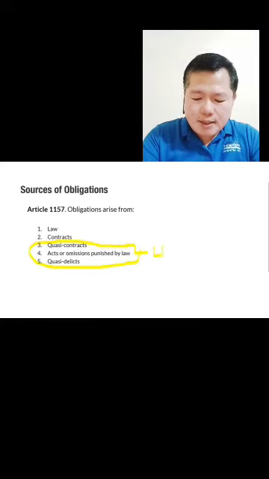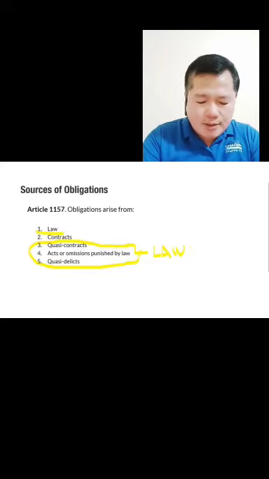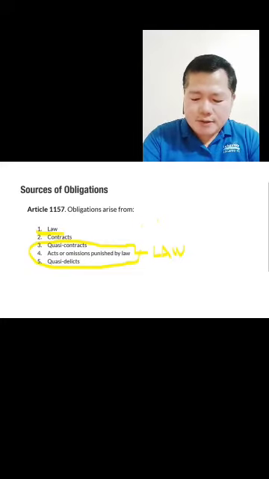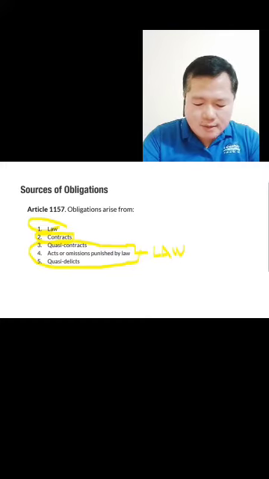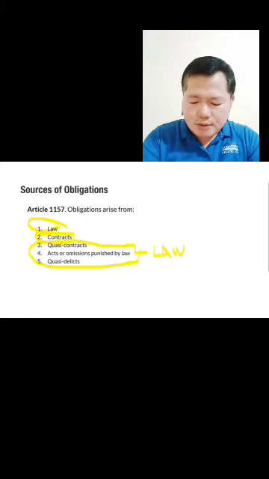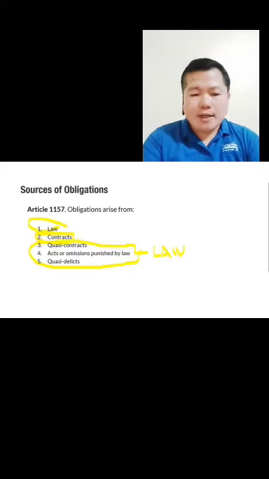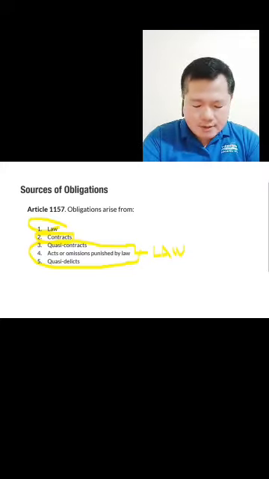Why? Basically we can only have 2 sources: law and contracts. For contracts, there are specific provisions on contracts, but the specific contracts that parties can form cannot be listed one by one in a single law. So basically we have only 2: obligations arising from law and obligations arising from contracts.